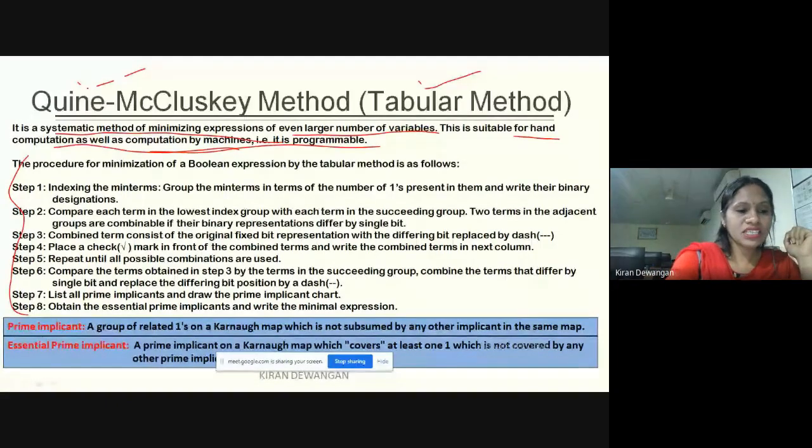Now we need to understand these terms, prime implicants and essential prime implicants. Prime implicants are basically all the pairs or quads that we form.